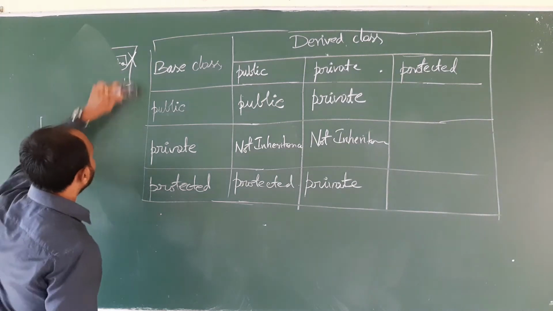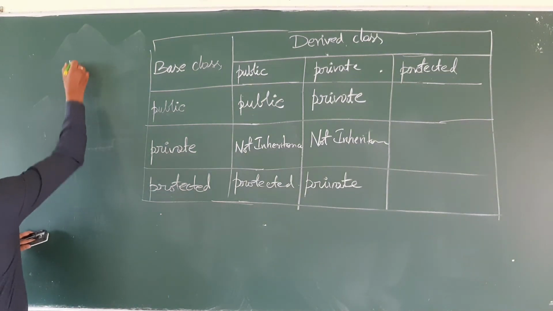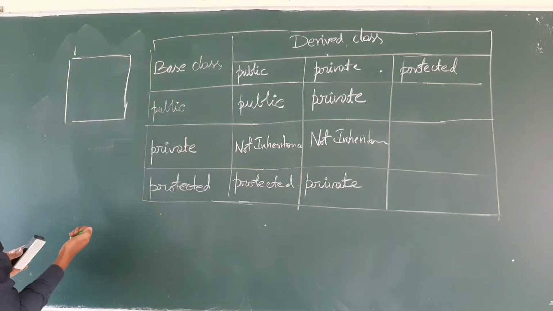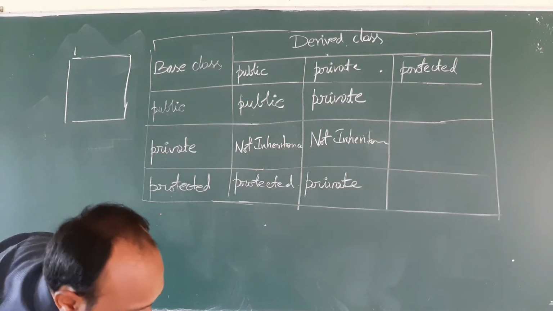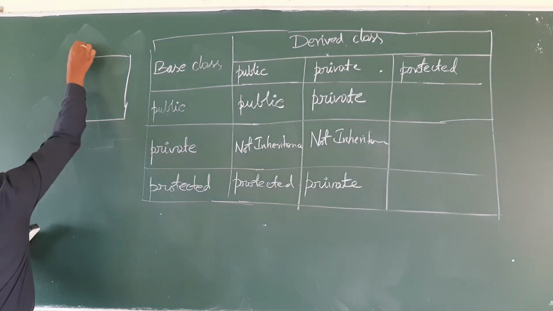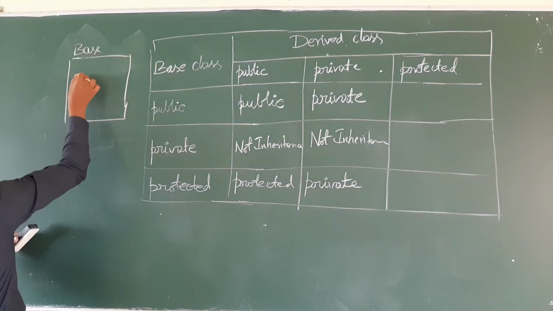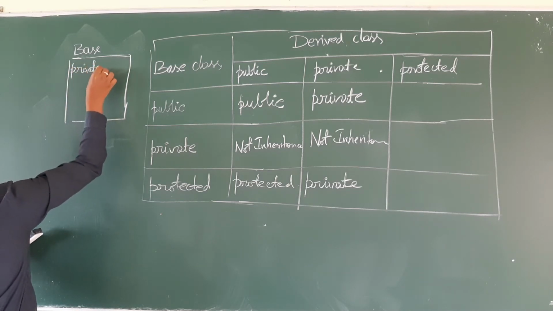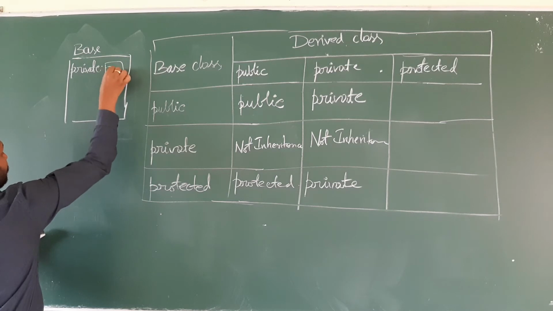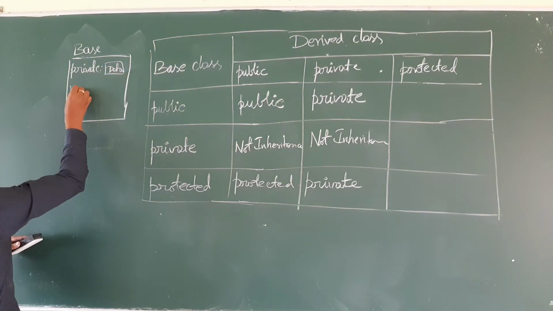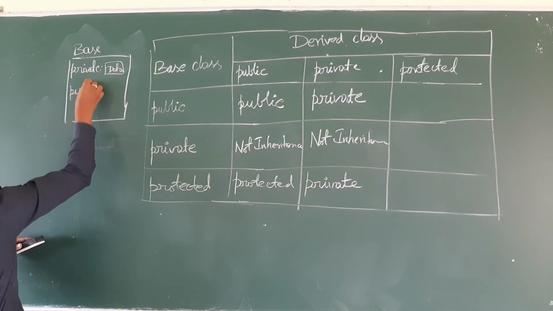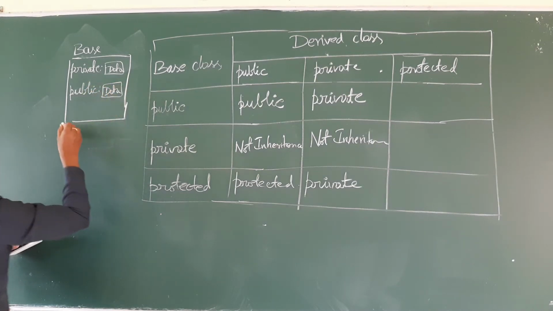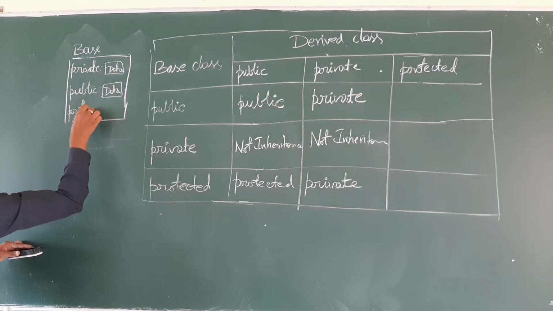Please notice here. Let me explain. There is one base class. Here in the base class, let us say there is data kept in all access specifiers: private, public and protected.